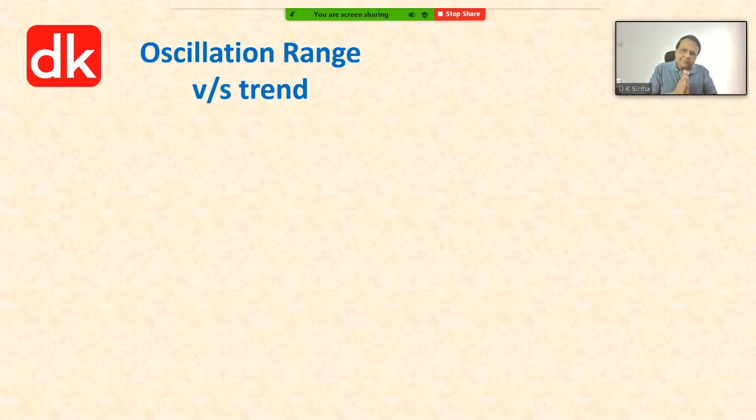So friends, first let us understand the range of oscillation. When I talk about oscillation, I am talking about the oscillation of the relative strength index, that is RSI, which moves from 0 to 100. It's a defined boundary, so the maximum possible below is 0 and the maximum on the top is 100.